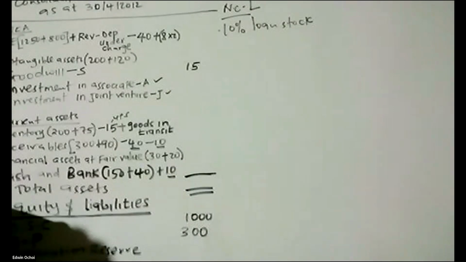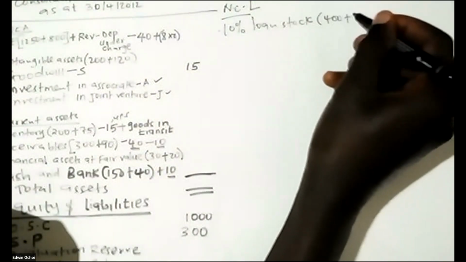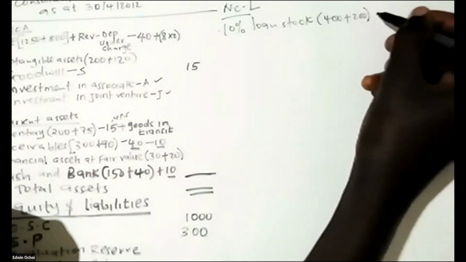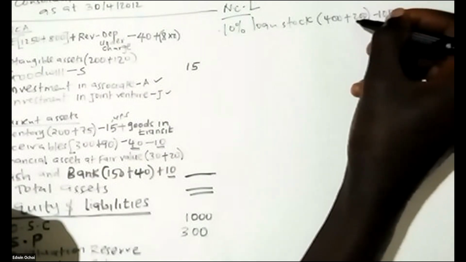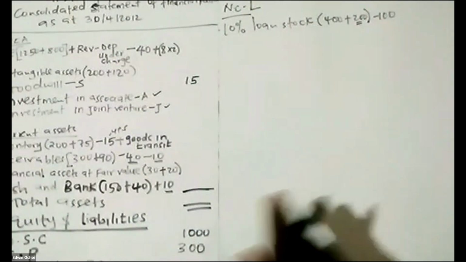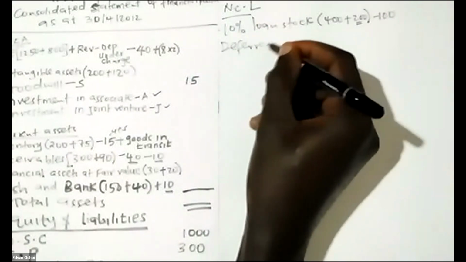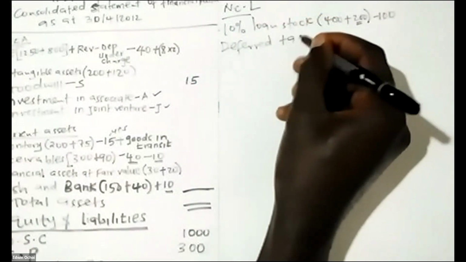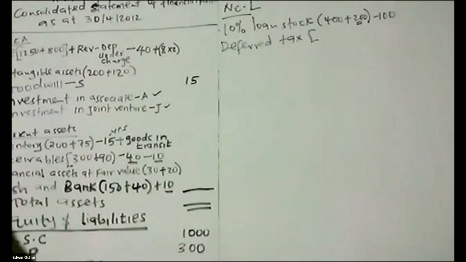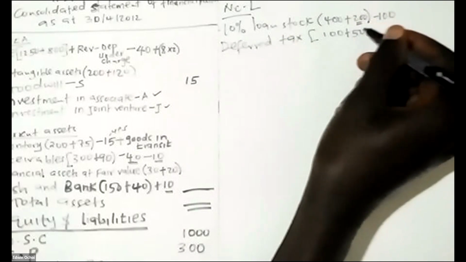So 10% loan stock, that one is 400 plus 200, minus the 100. A half of this was part of the investment. So that is what I'm subtracting there. Then deferred tax. Deferred tax is direct, 100 plus 50.